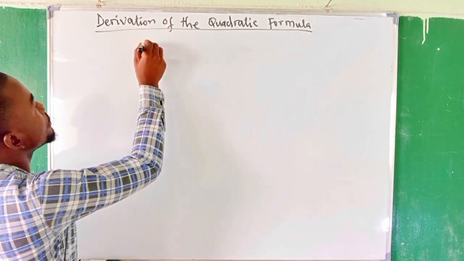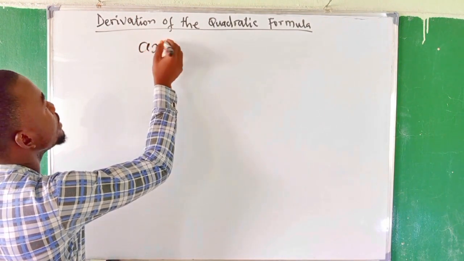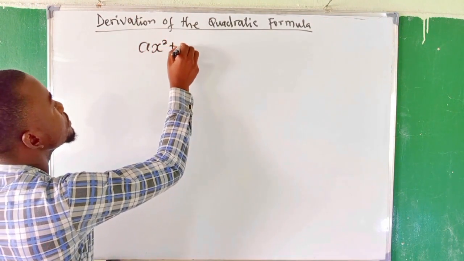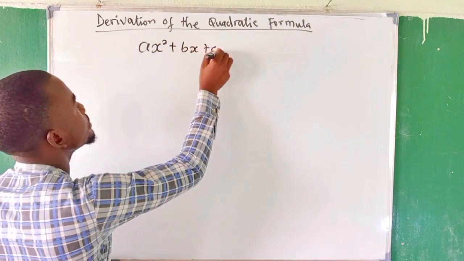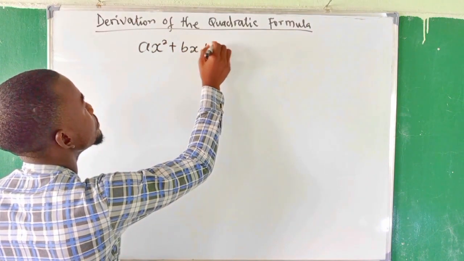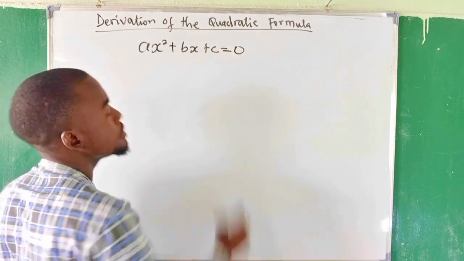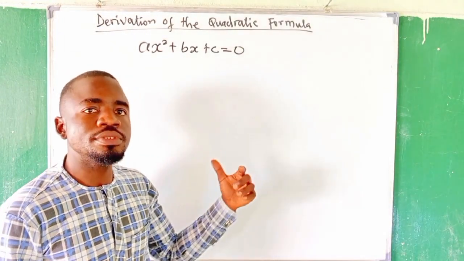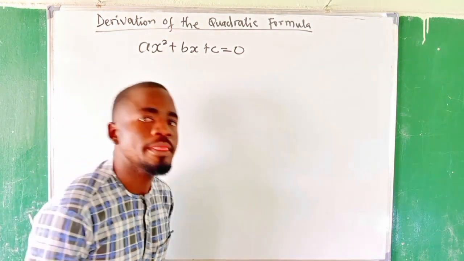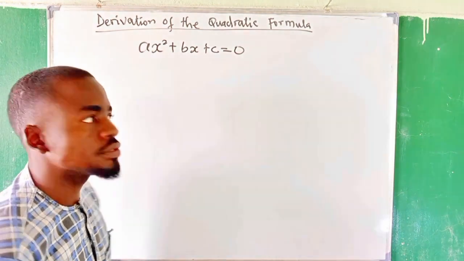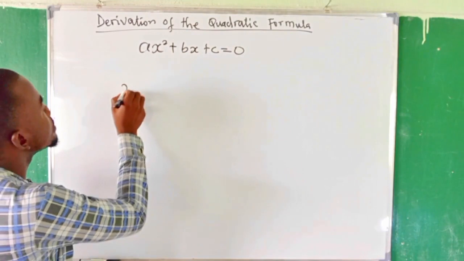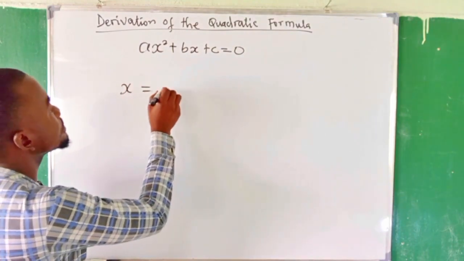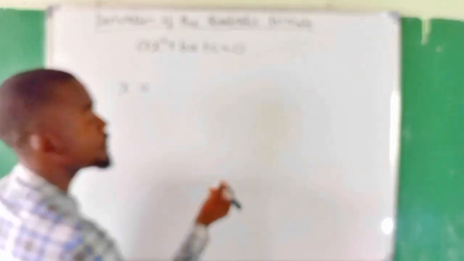Now, the quadratic formula is the root of the general form of the quadratic equation. And the general form of the equations that we've known is ax squared plus bx plus c equals to 0. Now, when this general form of quadratic equation is resolved using the completing the square method, the root is what is known as the quadratic formula.